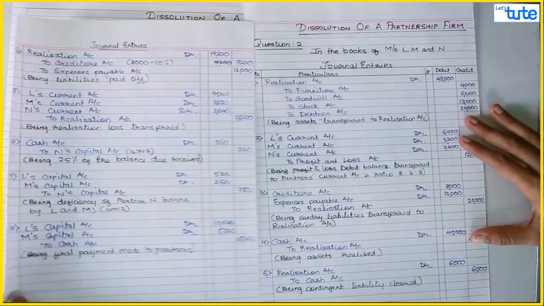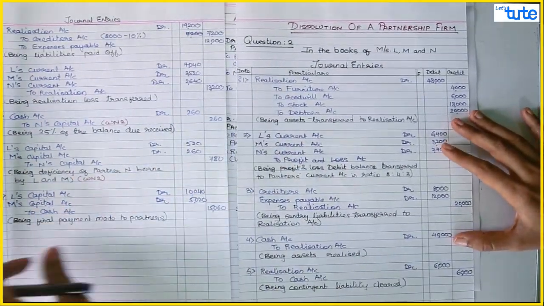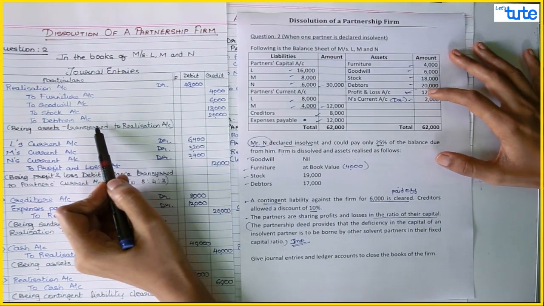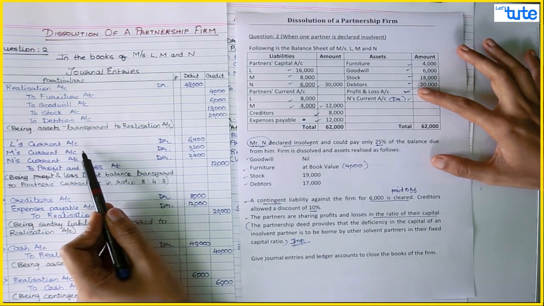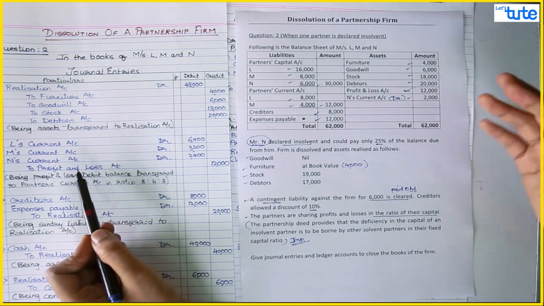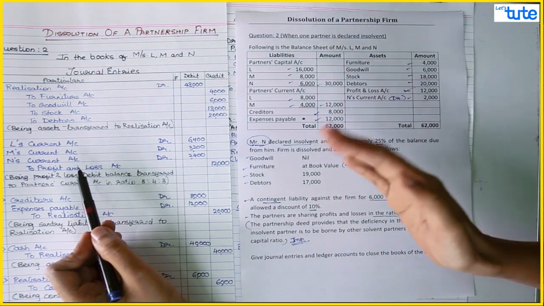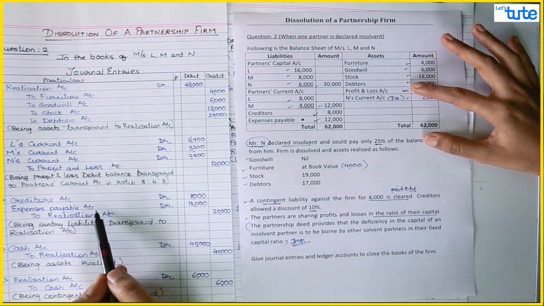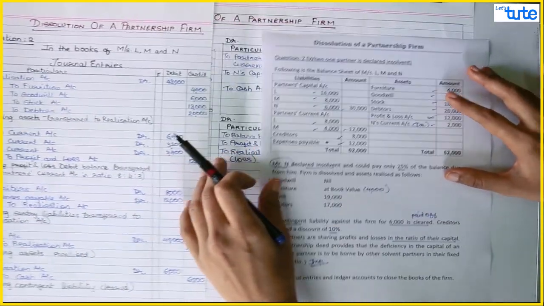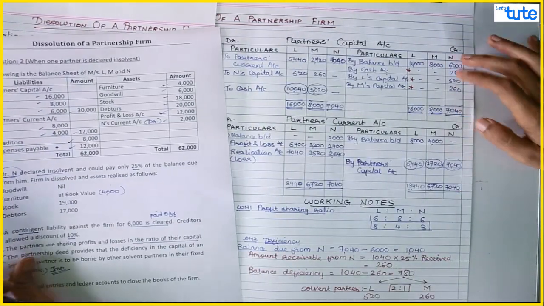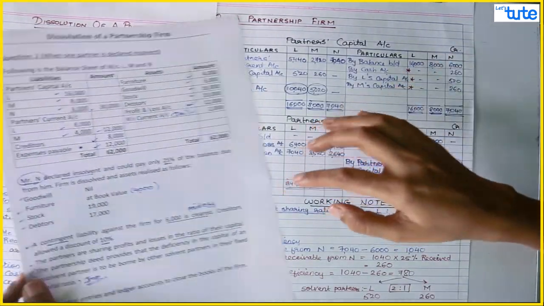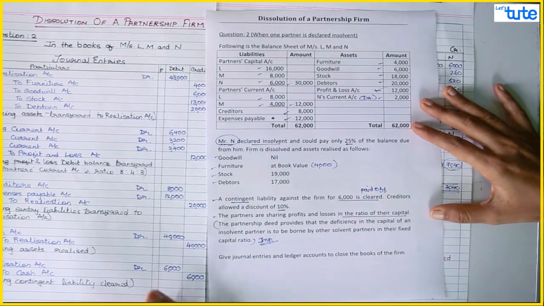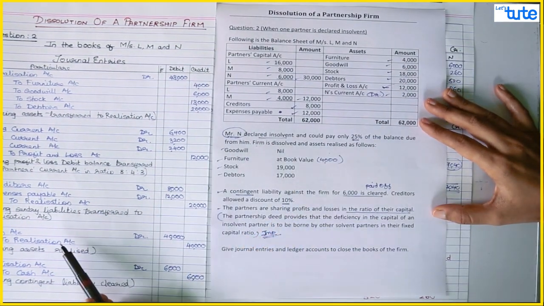So what we did, first of all, we transferred all our assets. So while closing the balance sheet, we transferred all assets to realization account. Then profit and loss debit balance is transferred to partners current, since there was a current account. Otherwise it would have been transferred to partners capital account. Next, the partners capital and current account opening balances are written in the respective account, debit or credit balances. Creditors and expenses are transferred to realization account. After that, we realized all the assets.